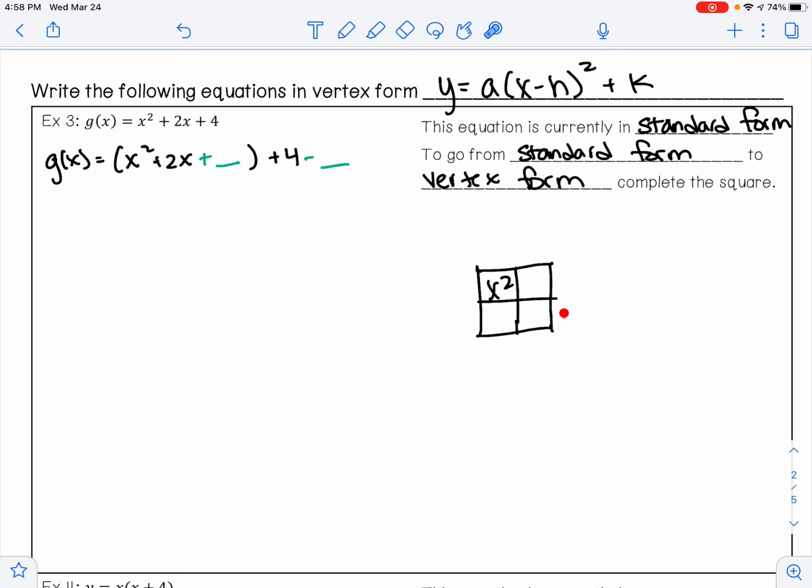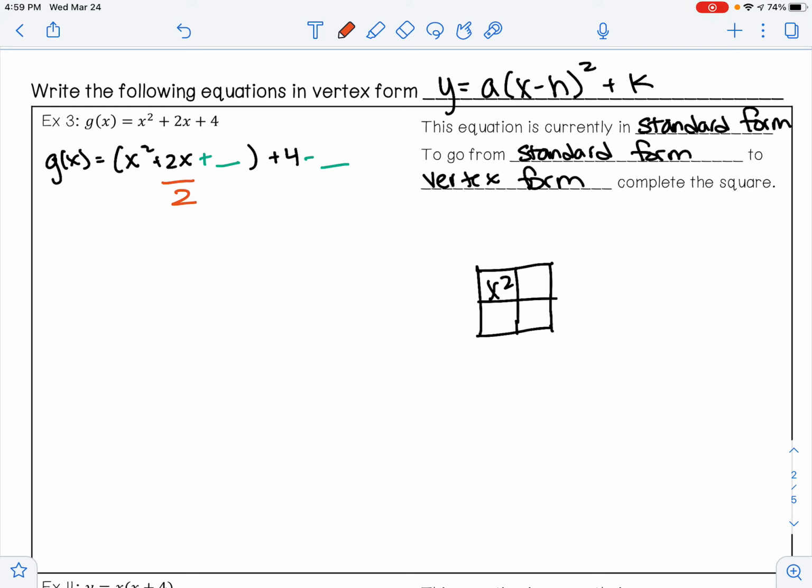Now I want the shape right here to be a square and not a rectangle. The difference between a square and a rectangle is that in a square, all of the sides are the same length. To make it so that this side is the same as this side, I'm going to split my middle term in half.